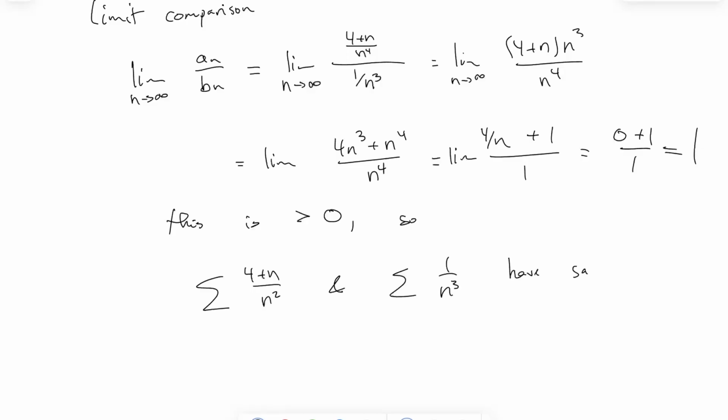Have the same convergence. Sorry, did I write this wrong? N squared, it ought to be n to the 4. Over here, I wrote that wrong. N to the 4, like so.